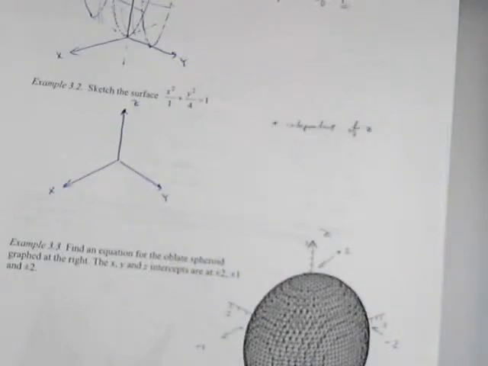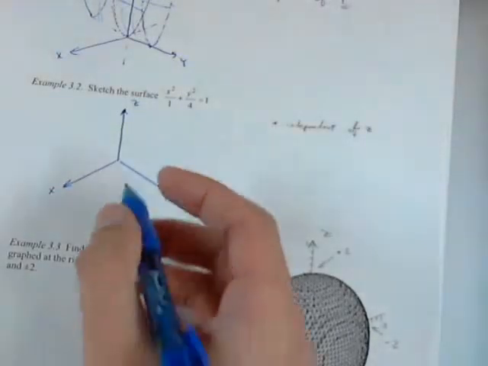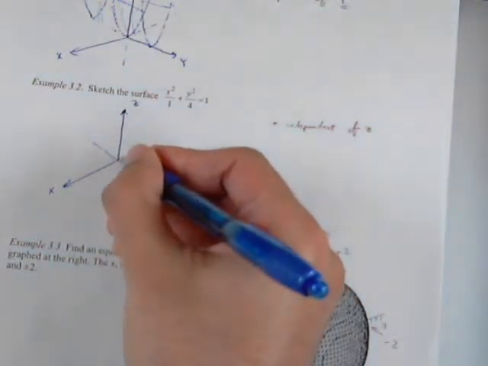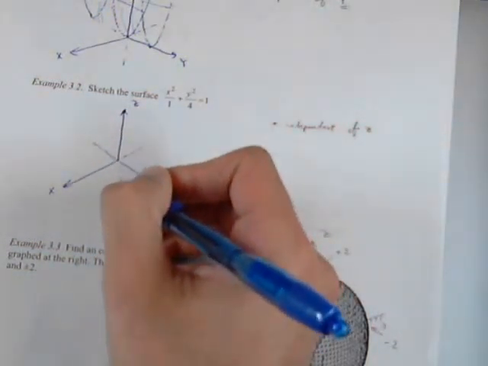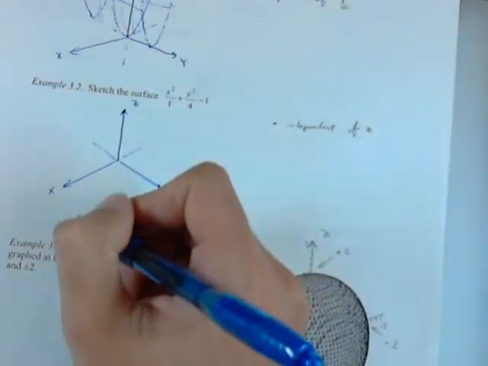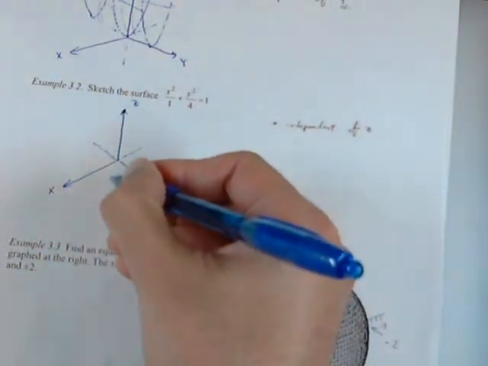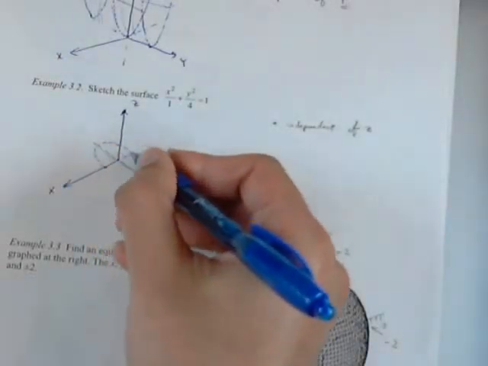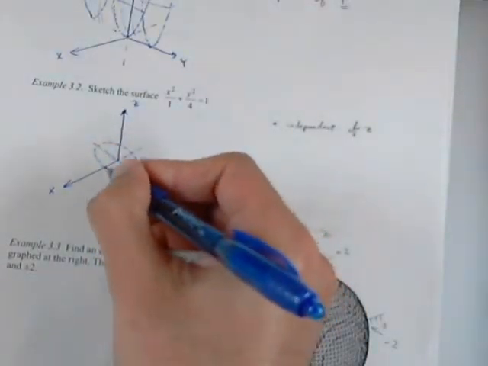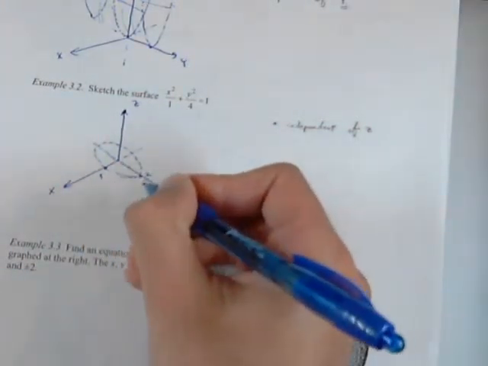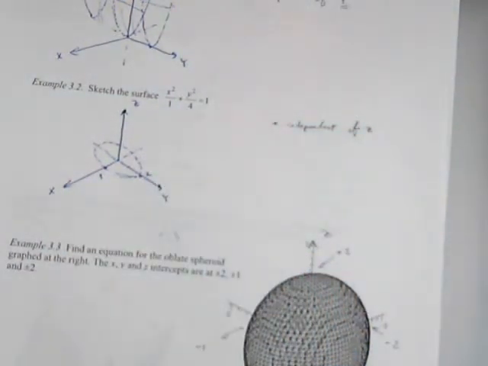Let's imagine z as 0. The equation doesn't change, and the curve for z is 0 is an, again my pronunciation might not be correct, ellipse, right? This point is 1, this point is 2. Ellipse, I got the pronunciation right, hopefully.